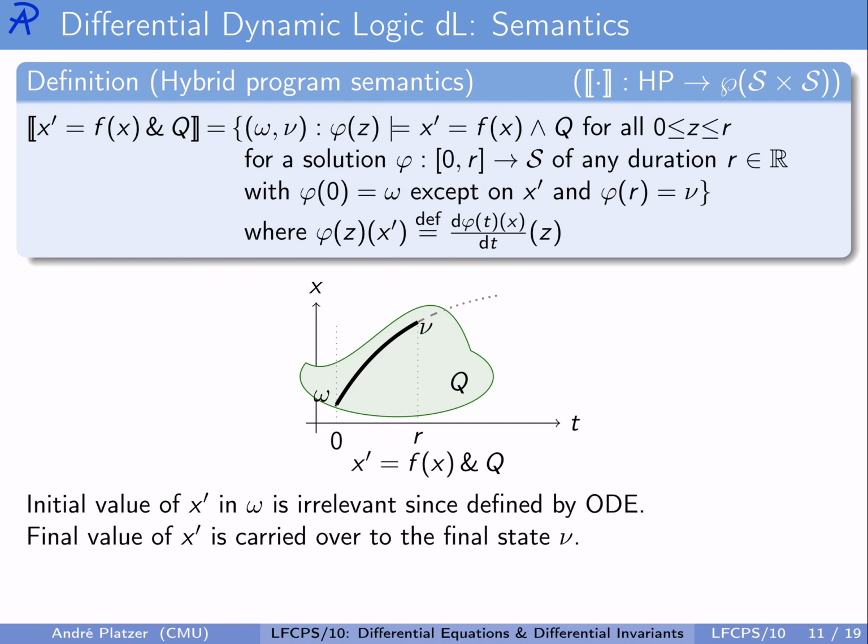And we also said that the initial value of x prime is irrelevant because now we're supposed to follow x prime equals f of x even if x prime wasn't f of x yet in the initial state, but also the state that comes out of it at the end still carries the last value of x prime forward into the future in case we need to repeat it.